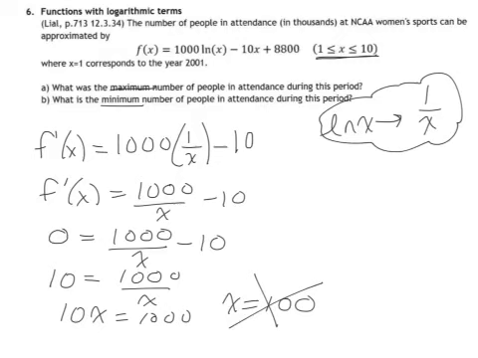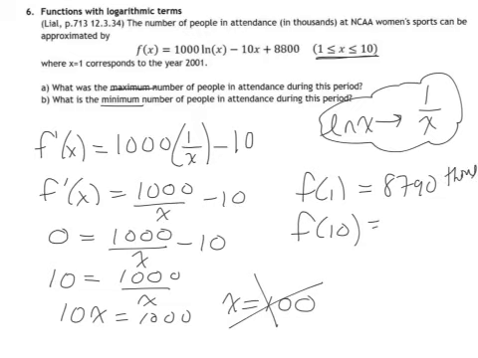But remember, we're looking for absolute max and min, so we need to solve the function, sorry, we need to evaluate the function for f of 1, which is one end of the range, and f of 10, which is the other. And when we do that, we find that the function at 1 is 8,790,000.